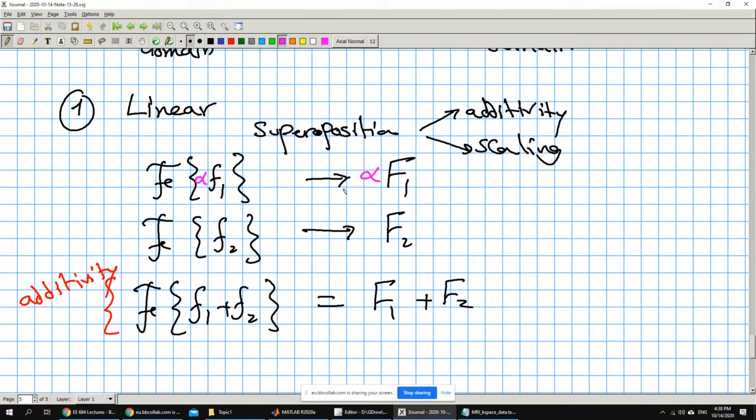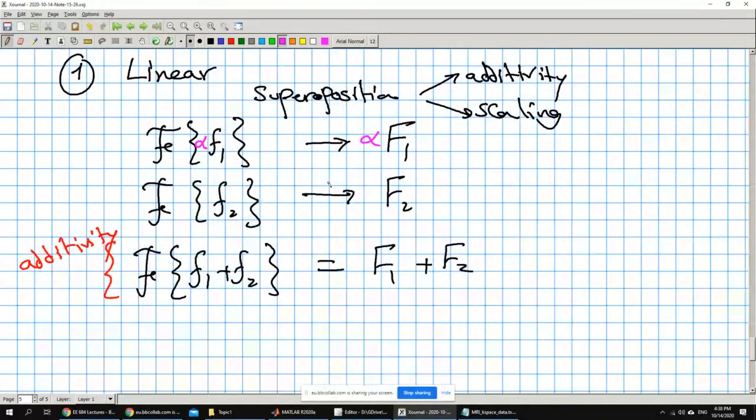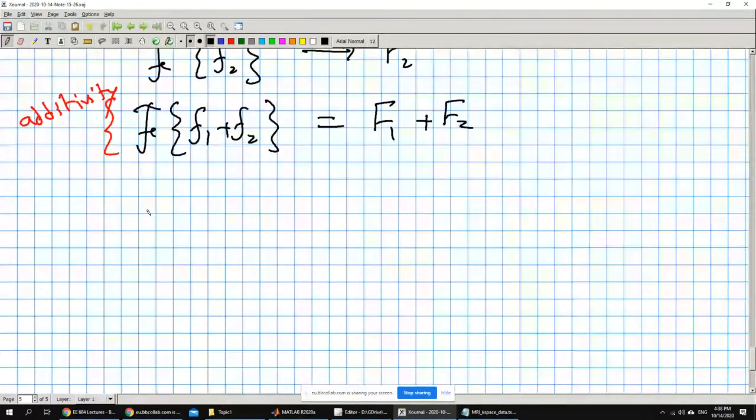If I have two different signals and compute the Fourier transformation for each one of them, I can compute any weighted sum of functions using this linearity. Is this property clear to you? Yes, doctor, it's clear. Okay.